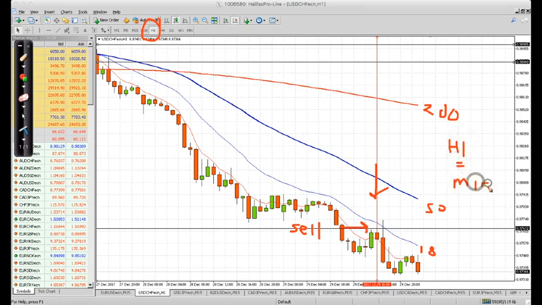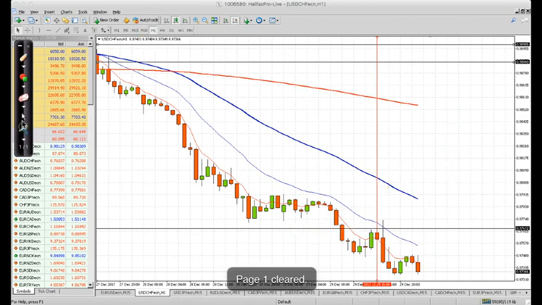And this is what gives you the highest probability of success. If the hourly candles are not in line with the 50-minute candles, I never take the trade. So there are times when the 50-minute candles may show a downtrend, but on the hourly candles, it shows an uptrend. So when that happens, you do not take the trade. You understand? Great. And again, I'll talk more about it in the strategy section.